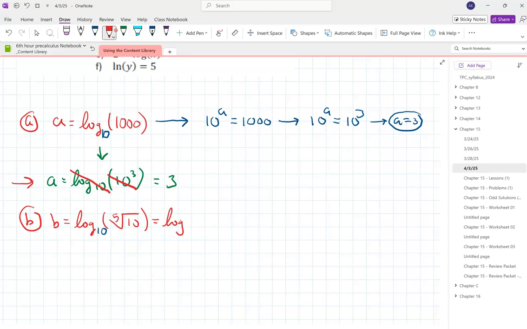So I need to rewrite the fifth root of 10 as a 10 to some power. Again, I recognize that I can rewrite radicals as fractional exponents. So I'm just left with 1/5.